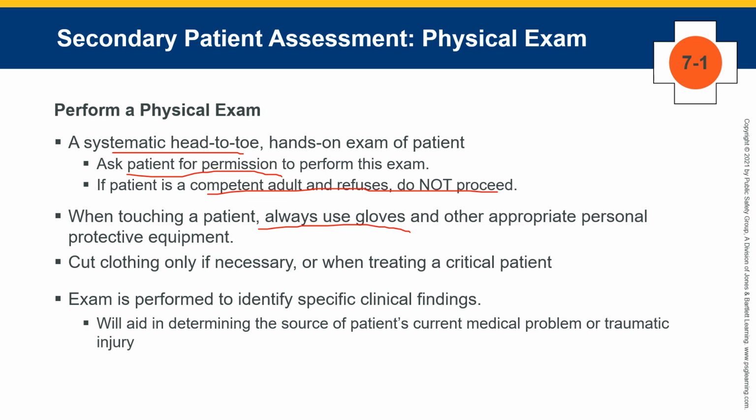That's our universal precautions, but also it provides a setting in which it's a little bit more professional, a little bit more clinical. You may cut clothing to expose an injury if necessary, typically when dealing with a critical patient. We're after identifying specific clinical findings that help us understand what's going on with the patient's current problem or injury.